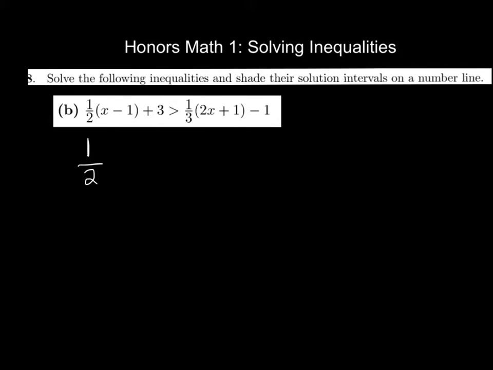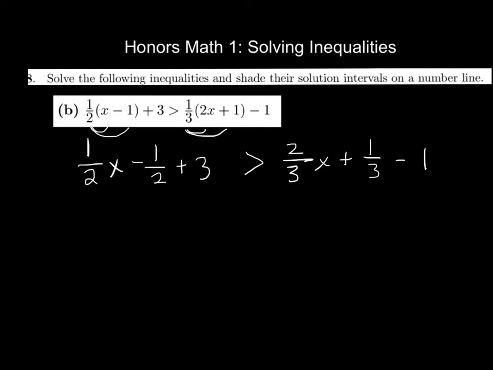So you get 1/2 x minus 1/2 plus 3 is greater than 2/3 x plus 1/3 minus 1.